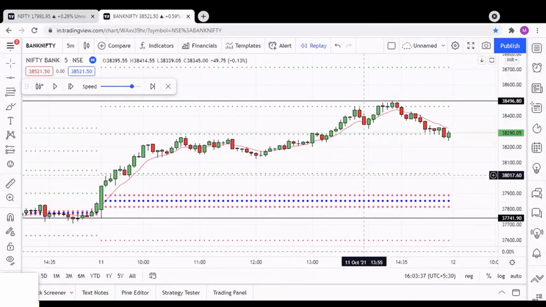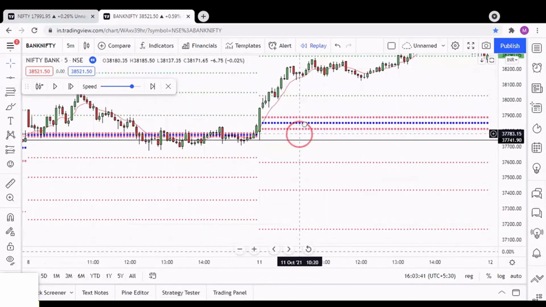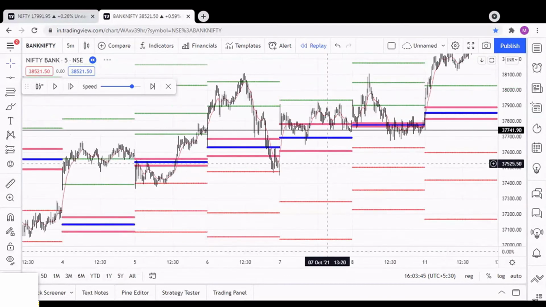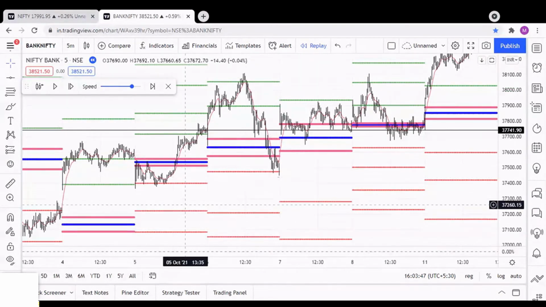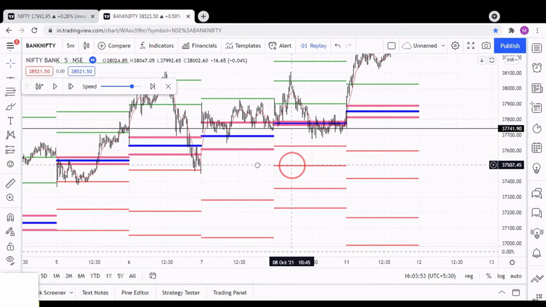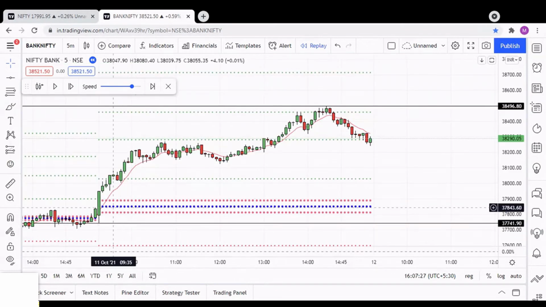And there is a virgin CPR on 4th of October. I think this is not necessary to be marked. We cannot consider this as a virgin CPR because the first candle broke the CPR. So there is no virgin CPR here also.